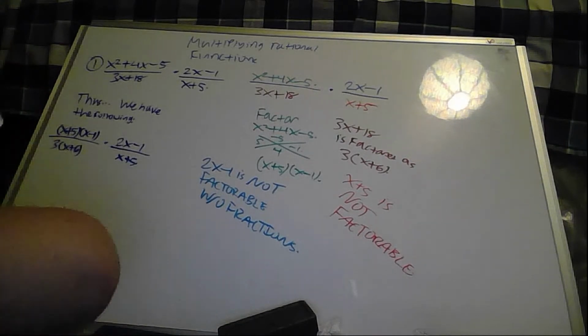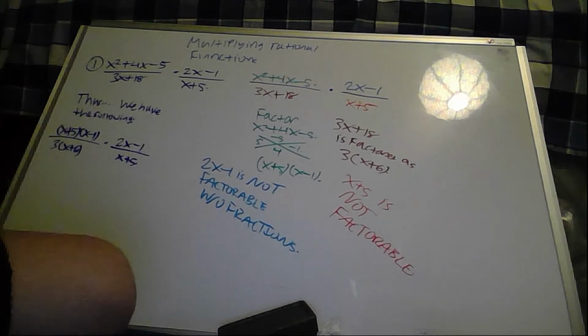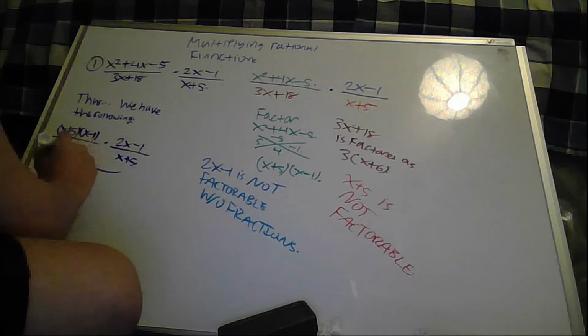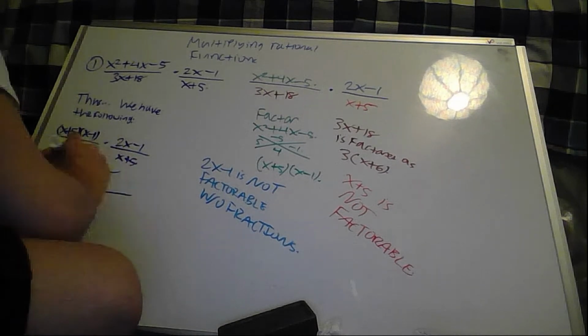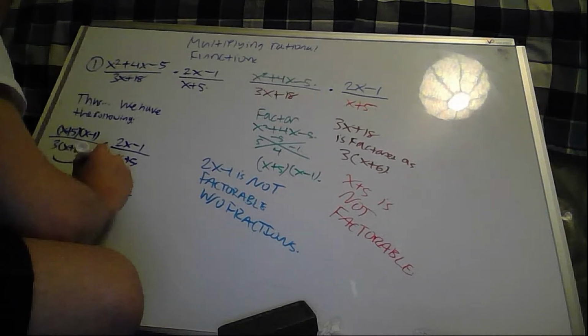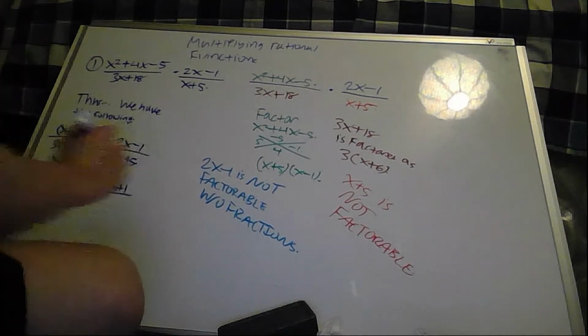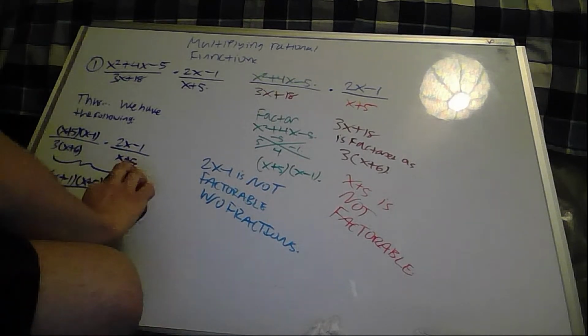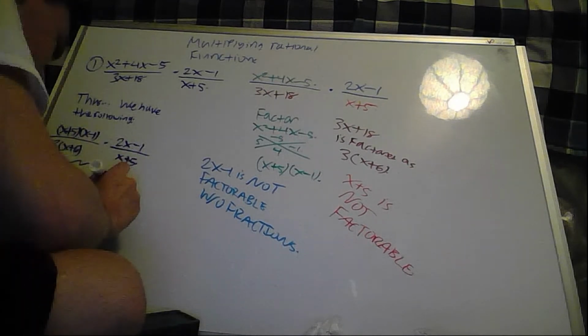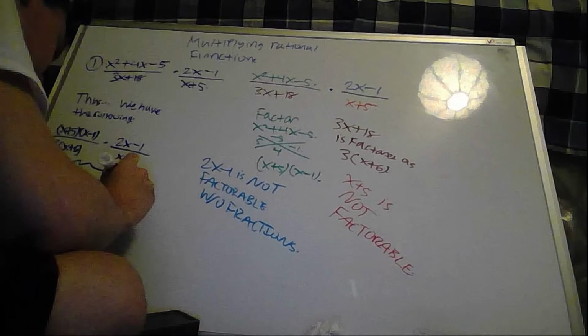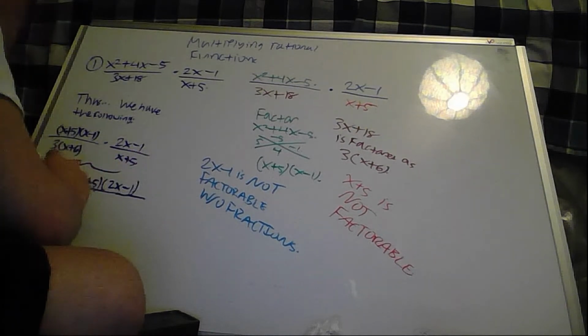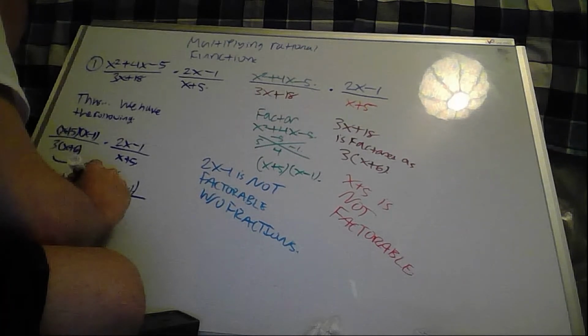Now, you're going to bring it together, okay? You're going to bring it together. You're going to say this equals this following fraction, x plus 1 times x plus 5 times 2x minus 1, excuse me, over 3 times x plus 6 times x plus 5.